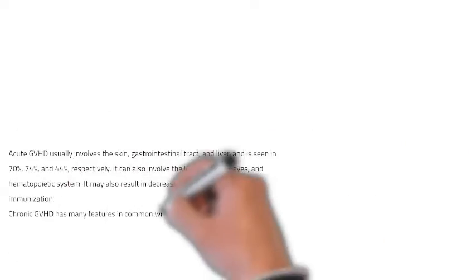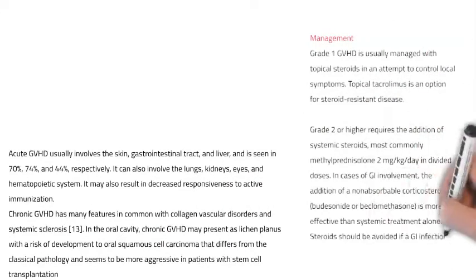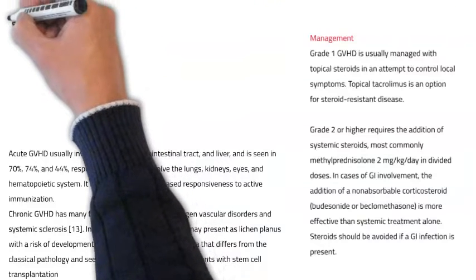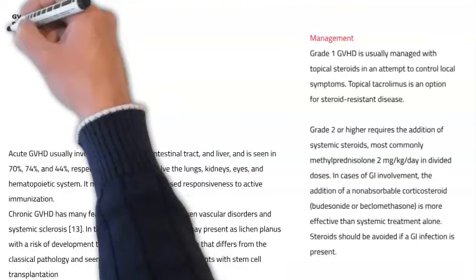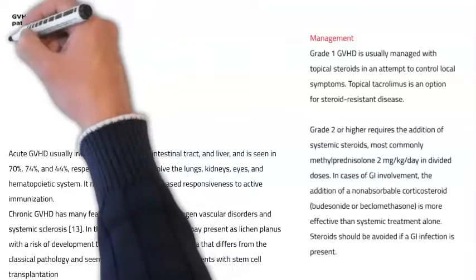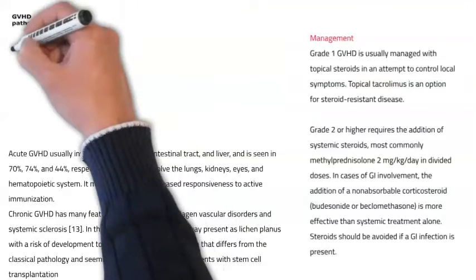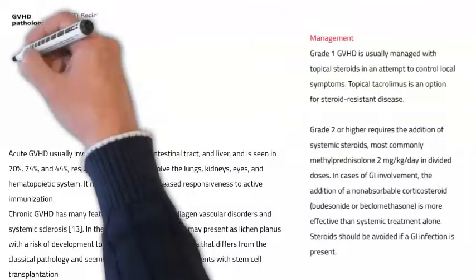Acute GVHD usually involves the skin, gastrointestinal tract, and liver, and is seen in 70%, 74%, and 44%, respectively. It can also involve the lungs, kidneys, eyes, and hematopoietic system. It may also result in decreased responsiveness to active immunization.